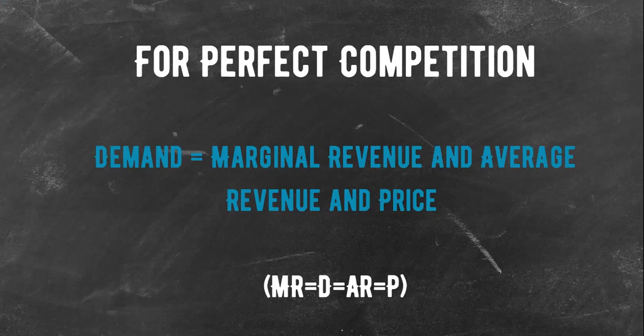In the previous slide, we saw that in a perfectly competitive market, the demand curve for a single firm is perfectly elastic, a simple horizontal flat line at the market price. Here at the bottom, again, this is just a reiteration of the previous slide, where marginal revenue is the same as demand, which is the same as average revenue, as well as price.